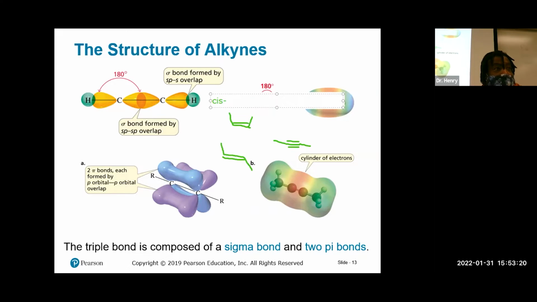It's tetra. Okay, so it'd be cis 2 butene, right?